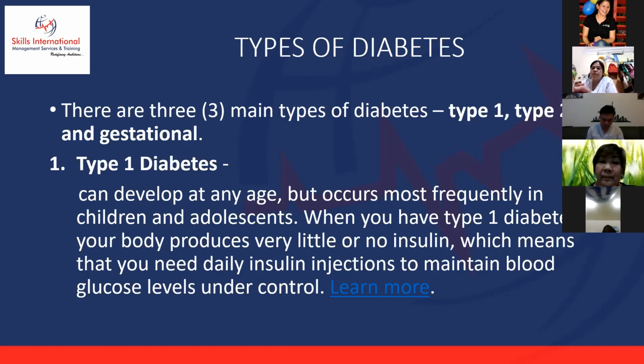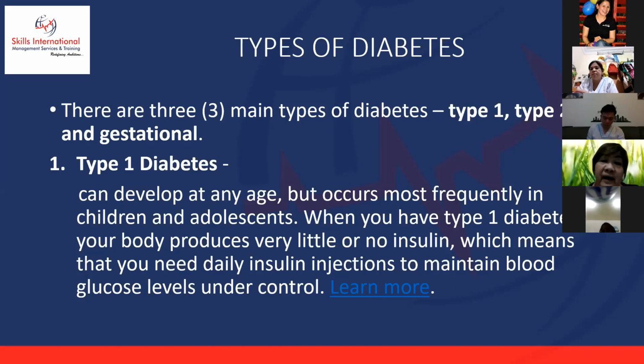When the baby is born to a diabetic mother, the baby may have diabetes from birth. When you have type 1 diabetes, your body produces very little or no insulin, which means that you need a daily insulin injection to keep blood glucose levels under control.